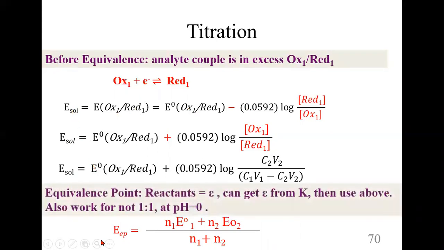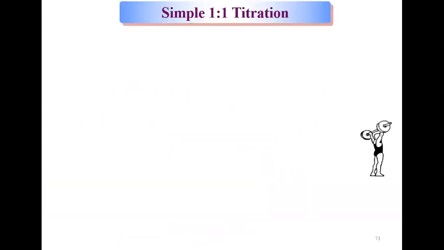At equivalence point, however, when we have none of the reactants left over and their amounts are equal, then what you have to do is get a derivation of the E at the equivalence point, which is simply the number of electrons from the first couple times the E naught of the first couple plus the number of electrons of the second couple times E naught of the second couple, divided by the addition of the 2 electrons transferred for each couple separately. And after equivalence, you use the second electrode.